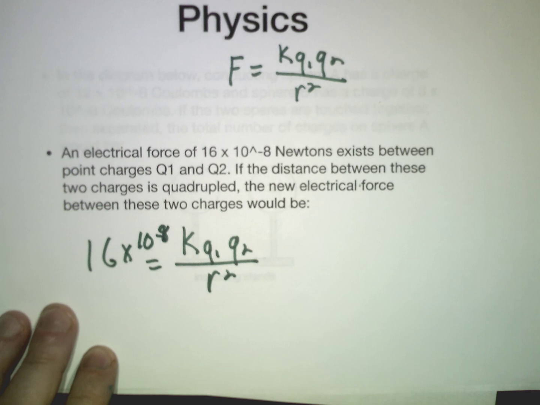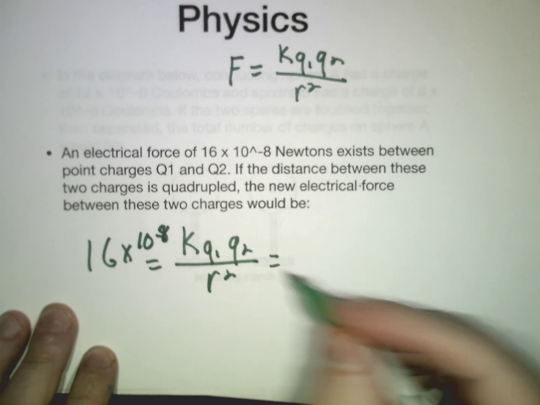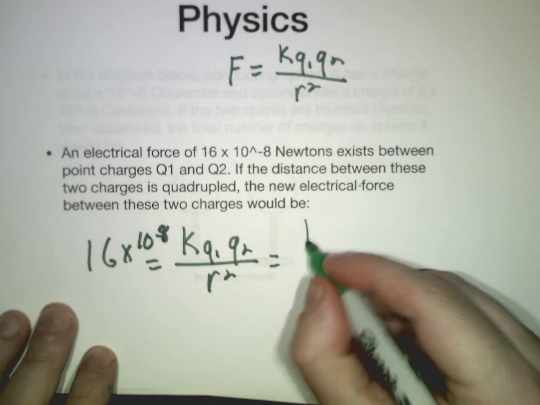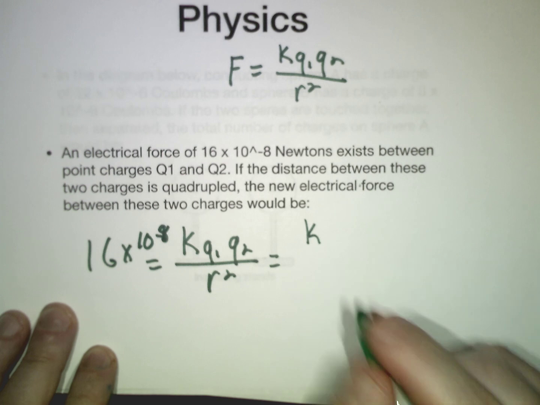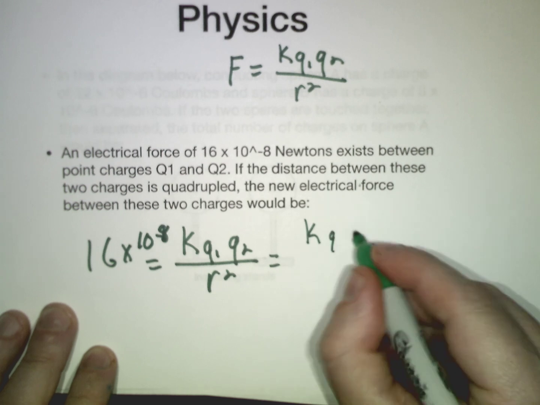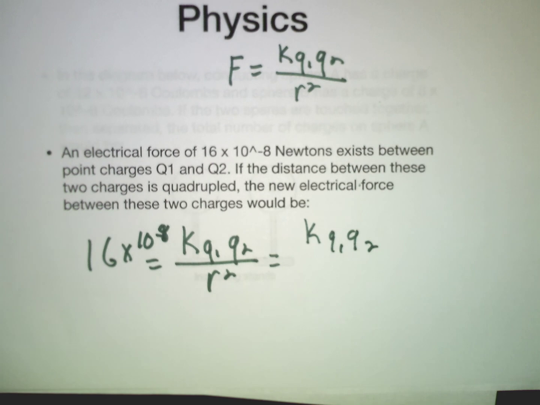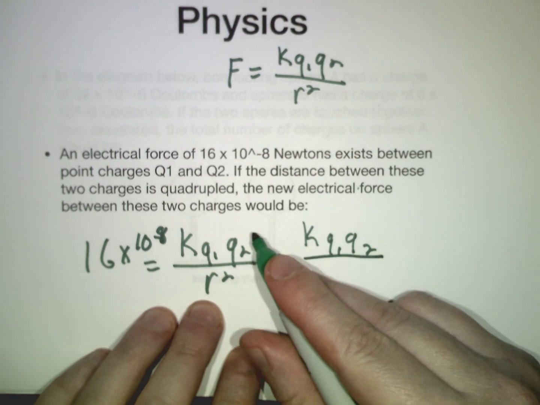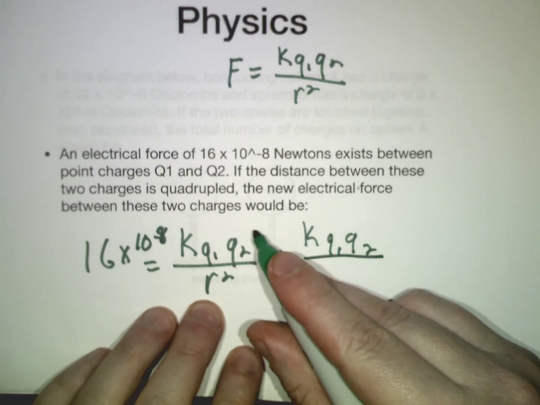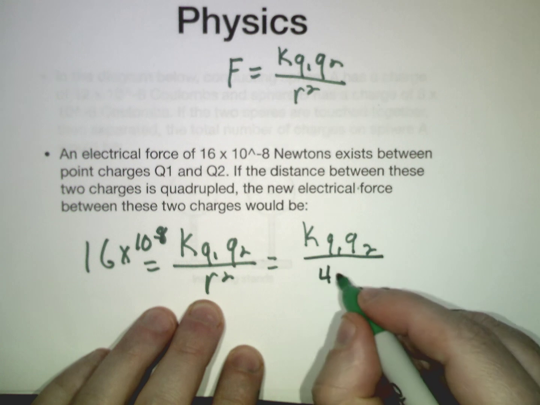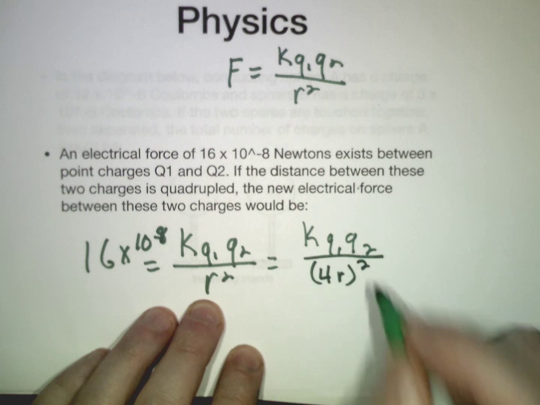Okay? But I'm changing everything. I'm going to say, well, K is a constant. The two charges are going to remain the same, Q1, Q2. So you keep the same charges. So far, they look exactly alike. The difference is the distance is quadrupled. So 4r squared.